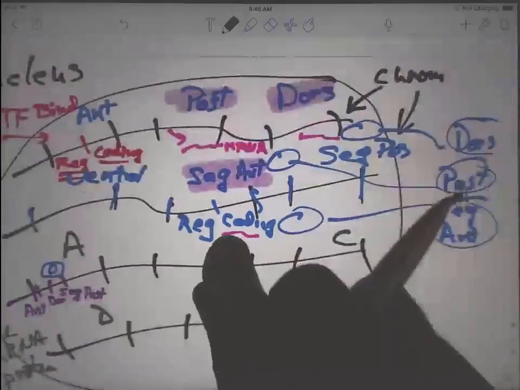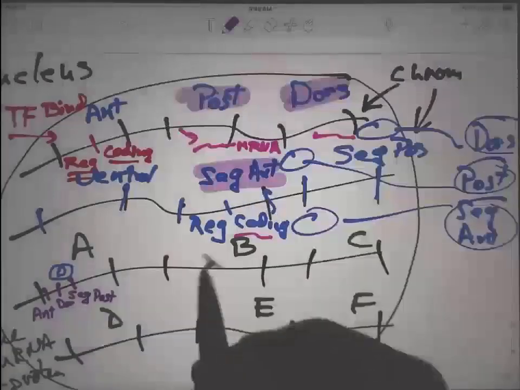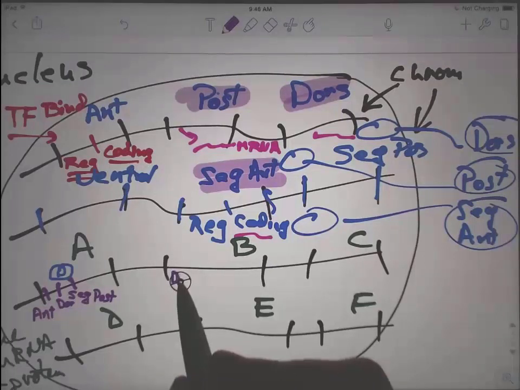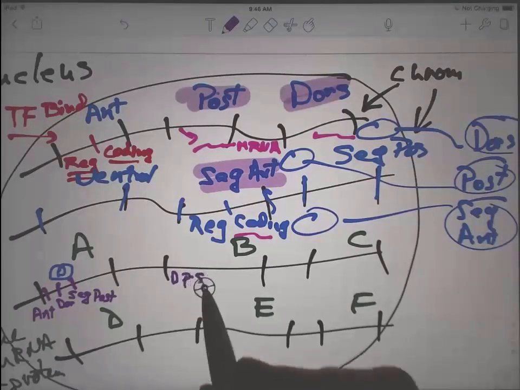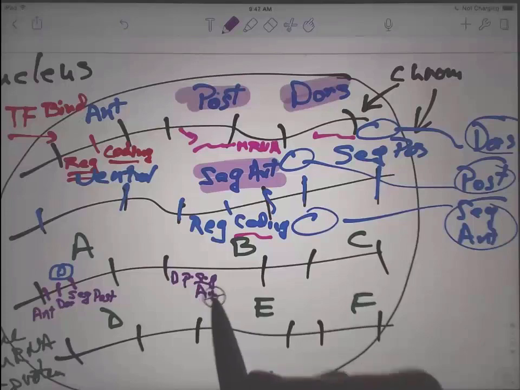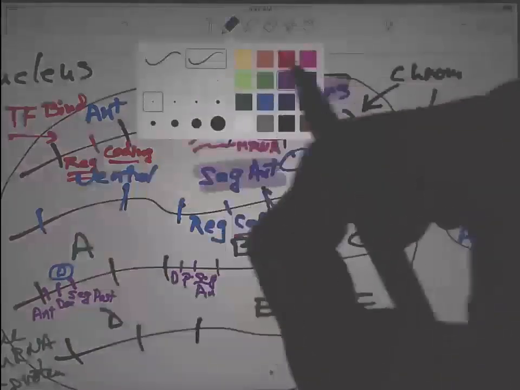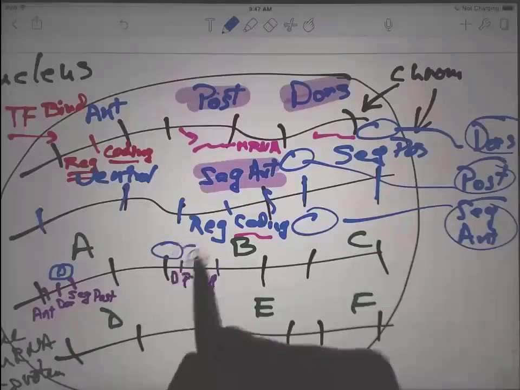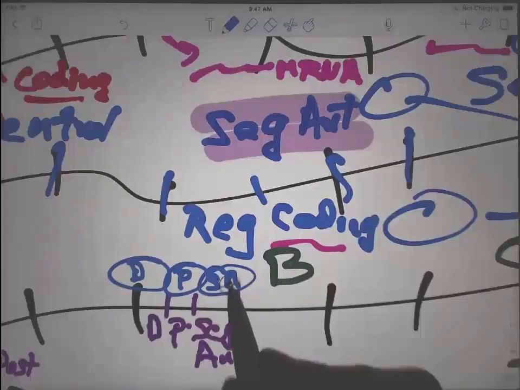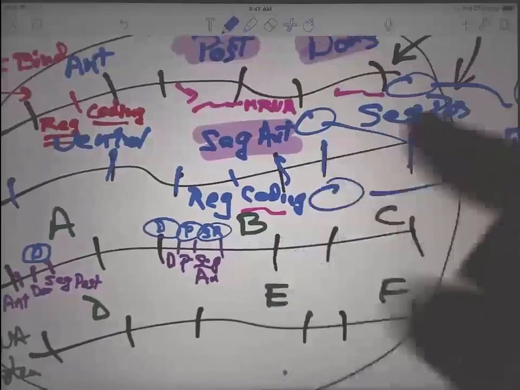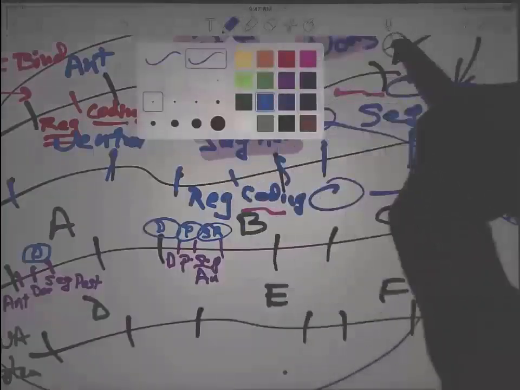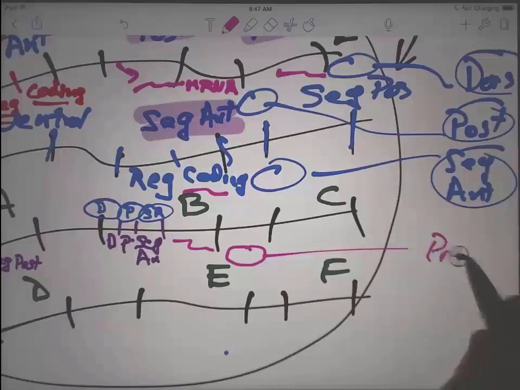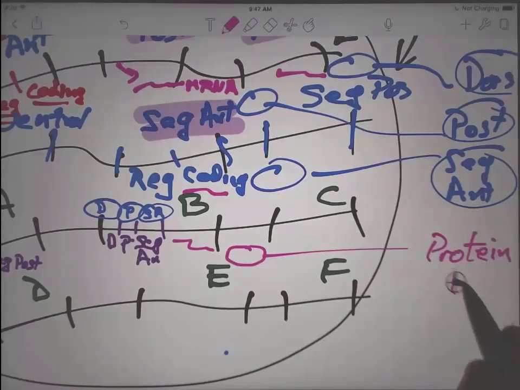Now let's imagine gene B, and let's imagine that gene B has binding regions for dorsal, for posterior, and for segment anterior. Those are the three proteins that are present in this cell. So we get those three binding. Because those three enhancers bind, we wind up getting messenger RNA and protein B. So we have protein B present in the cell because those three transcription factors are present.